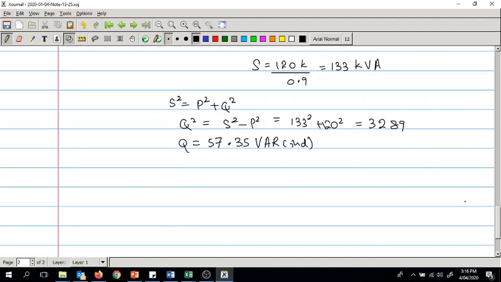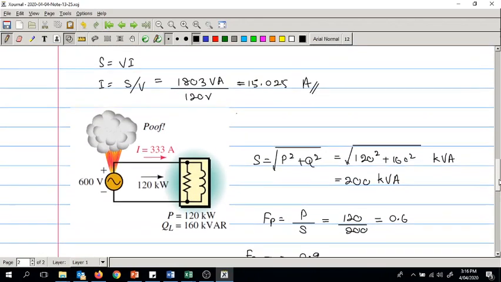Now what is QC? What is the reactive power of the capacitor? It is the previous Q minus the new Q. What is the previous Q?